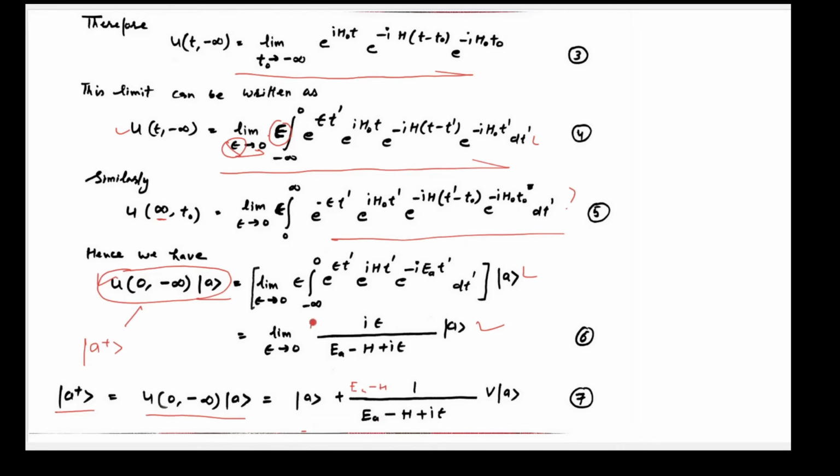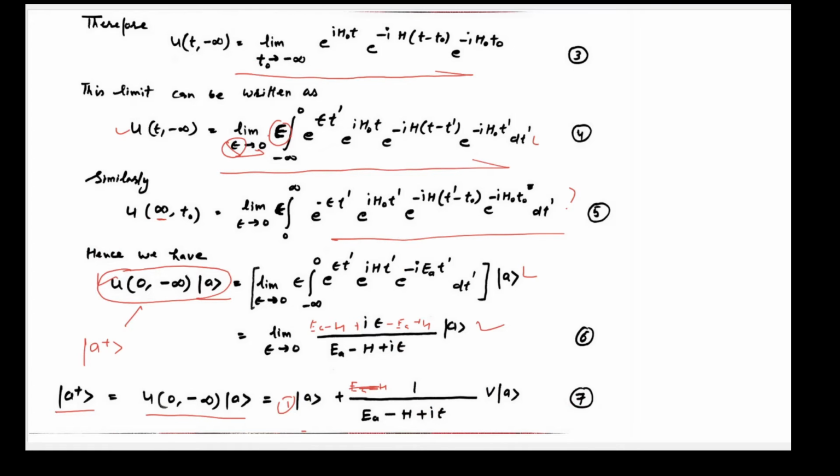Here we have used Ea minus h, and subtraction also E minus Ea plus h. So Ea minus h plus iota epsilon will give 1. So here we have 1 and rest is v. H minus Ea is equal to v, so we get this relation. So we get equation number 7.